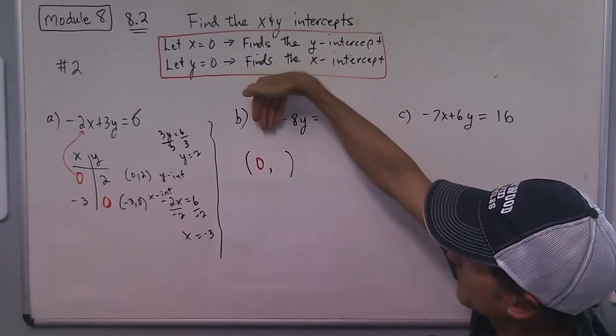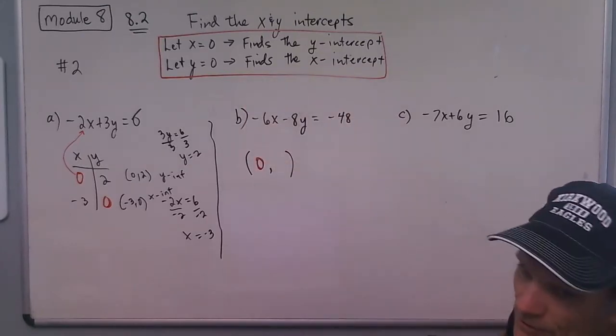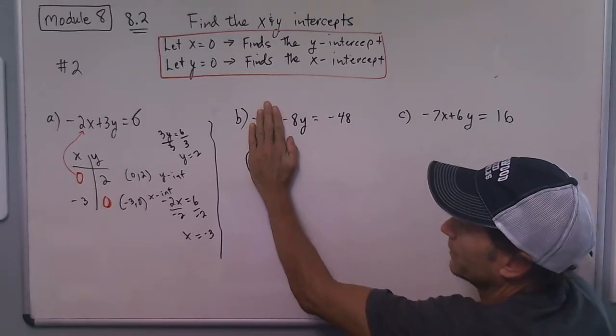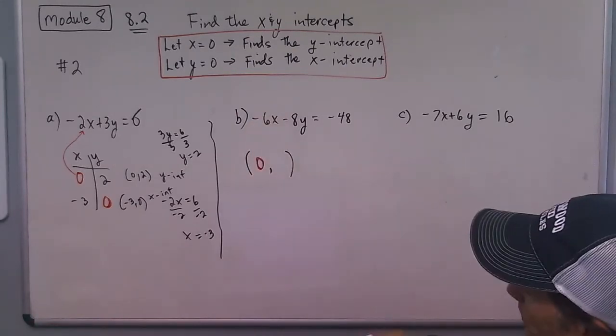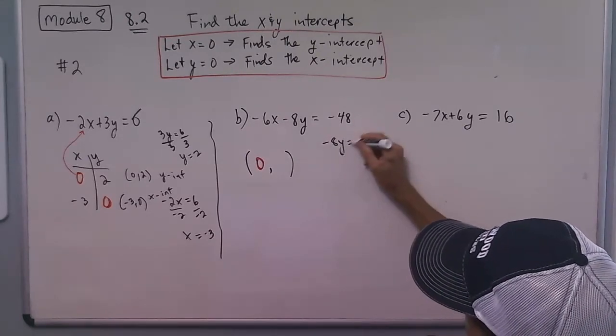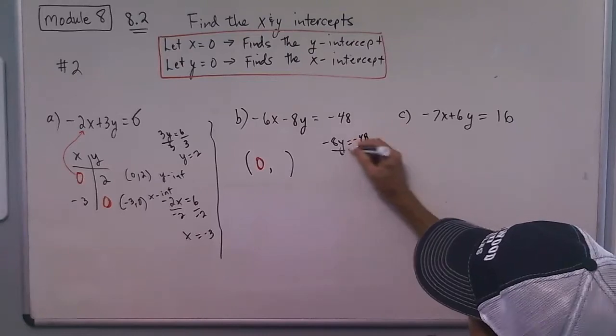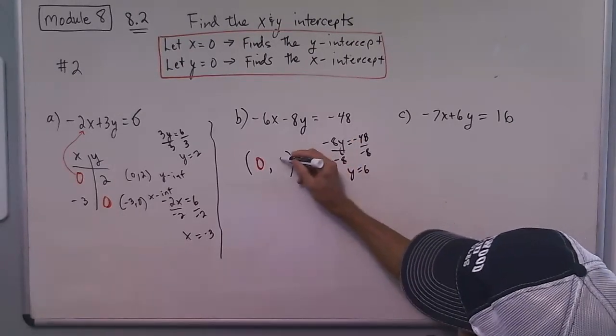If I cover this up, because that would equal 0, I have negative 8y equals negative 48. So I know I'm going to divide by negative 8. I'll divide by negative 8, divide by negative 8, and I get y equals 6.